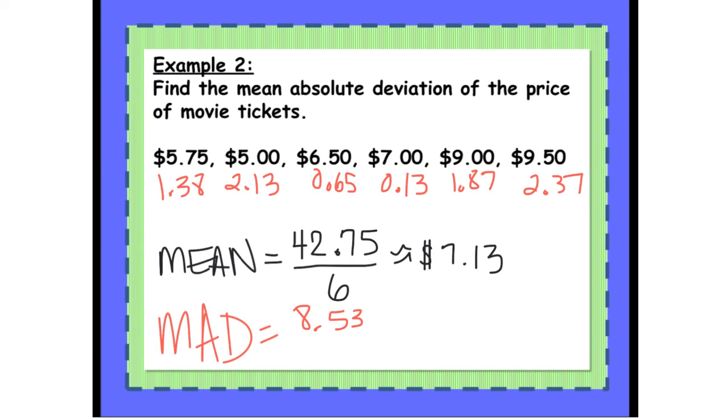When I added, I got a total of $8.53. Then I'm going to divide that by 6 because there were 6 numbers. And when I do that, it is money, so I'm rounding it to the nearest cent. So I have $1.42 for my MAD.